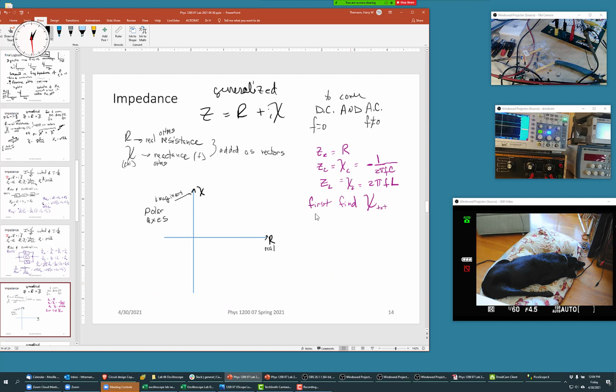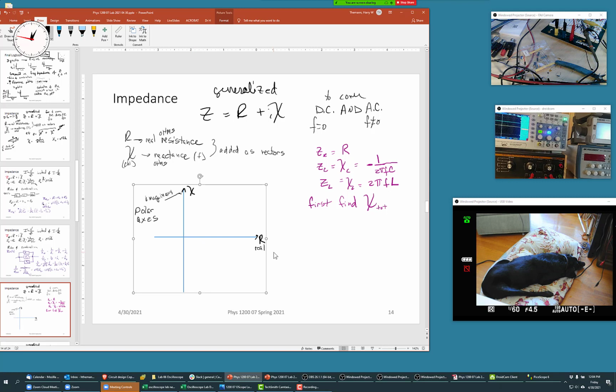So now we have stuff you've already seen on previous slides. There's the list of the different impedances, and then this is new here, this polar axis. It's just sort of X and Y. There's nothing fancy about it.